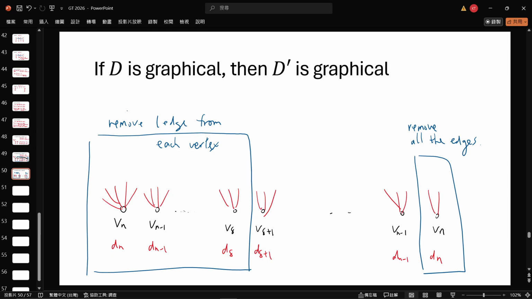So similar questions, okay? But instead of adding edges, now we have to remove edges. So how to remove edges?